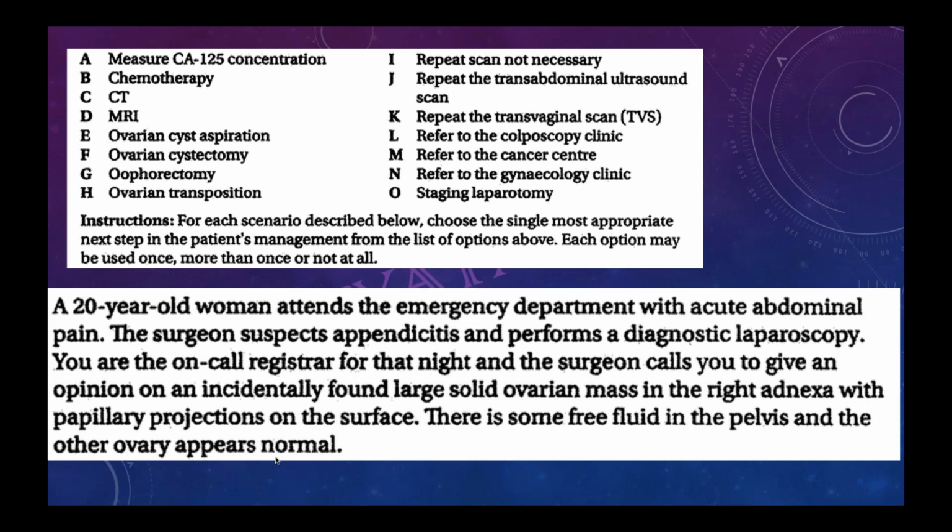A 20-year-old woman in the emergency department. The surgeon performs laparoscopy. The registrar on call calls you to give incidental findings: a large solid ovarian mass in the right adnexa with papillae on the surface. There is fluid in the pelvis that seems normal. So what will be the single most appropriate next step?